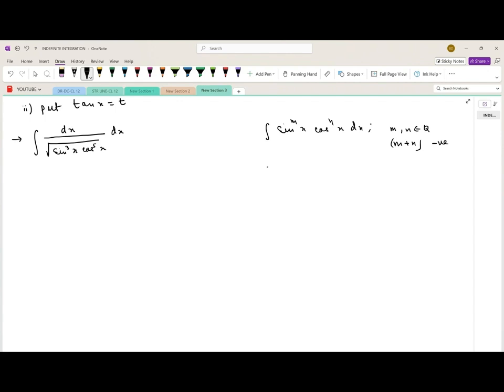This is just to show you, but we are not going to use this in the original process. So this can be written as sine to the power minus 3 by 2 x cos to the power minus 5 by 2 x dx.